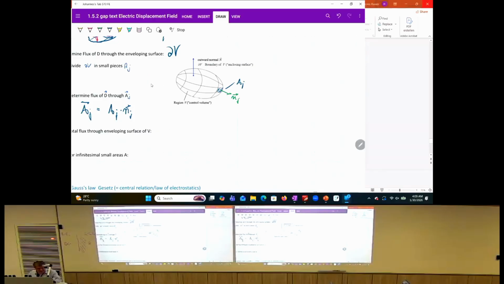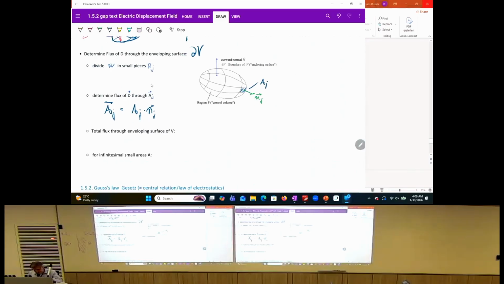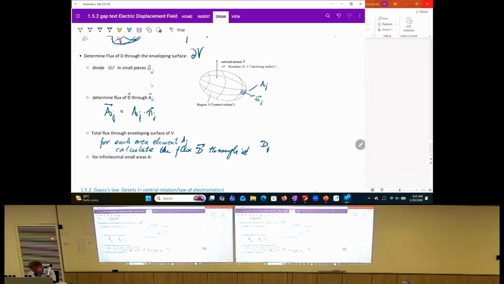Then for each area element, we calculate the flux of the displacement field through it. That's the second step. Each area element, calculate the flux d through it. And that means you take d sub j, that is the flux at that area element, times the dot product with A sub j, the surface vector element.